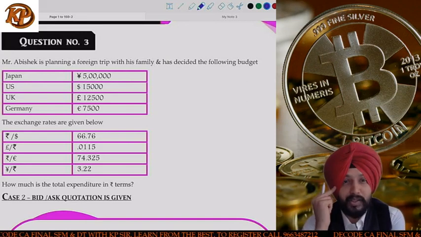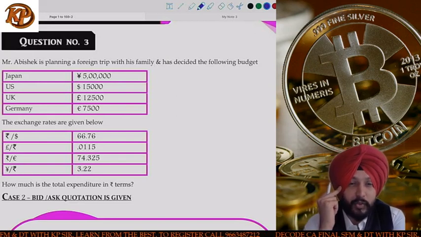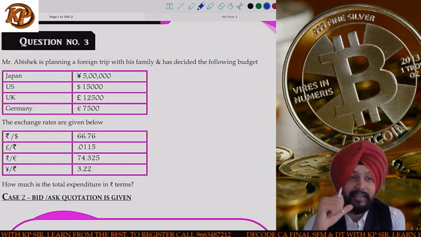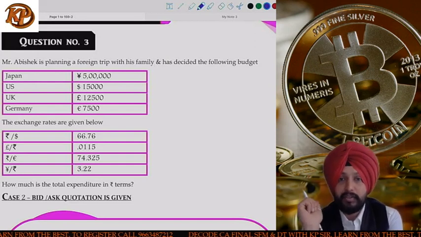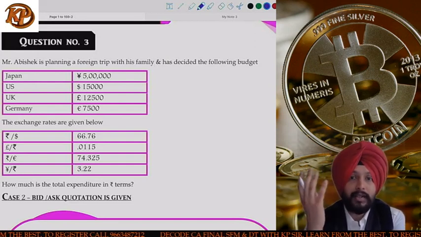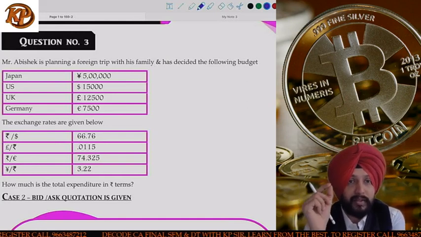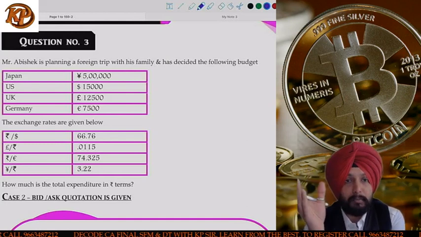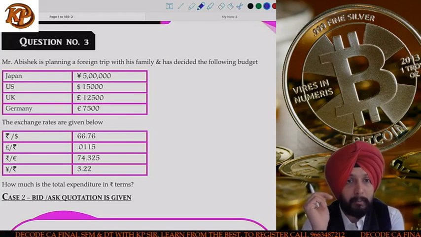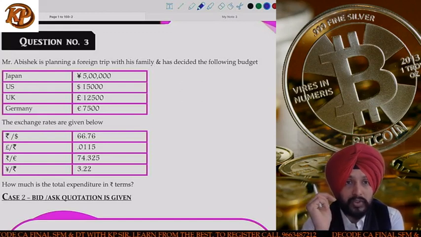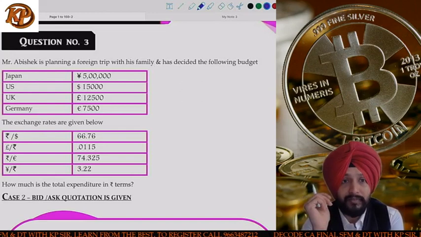But let's say Mr. Abhishek plans this trip after the situation is under control, and he's planning a trip to different places, and he has decided a budget for these places like Japan, US, UK, Germany. The budgets are given in foreign currency. Like for Japan, the budget is yen 5 lakhs, US the budget is dollar 15,000, UK the budget is pound 12,500, and Germany the budget is euro 7,500.